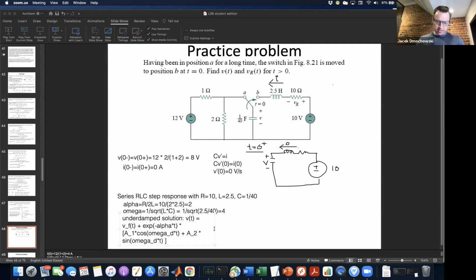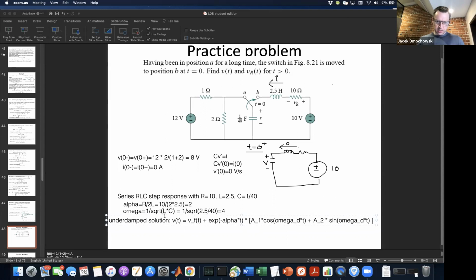Okay, so it's a lot, right? Let's see if I can get this all in one line. Yes, just barely. Okay, so first of all, how did I get all of this? I'll try to highlight this.